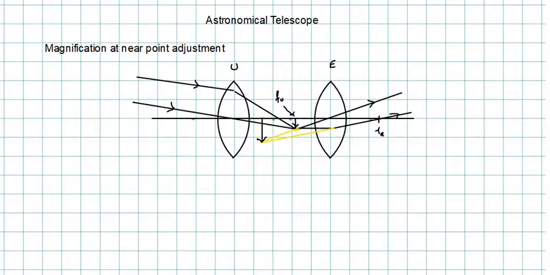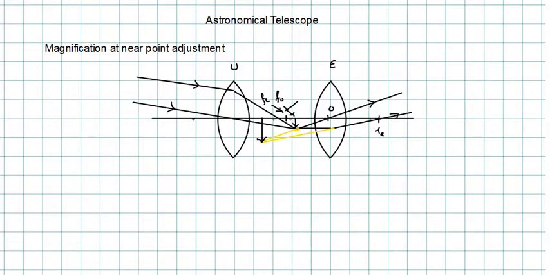Now, in order to see it magnified, as usual, this intermediate image must be in between f of e and the optical center of the eyepiece, right.